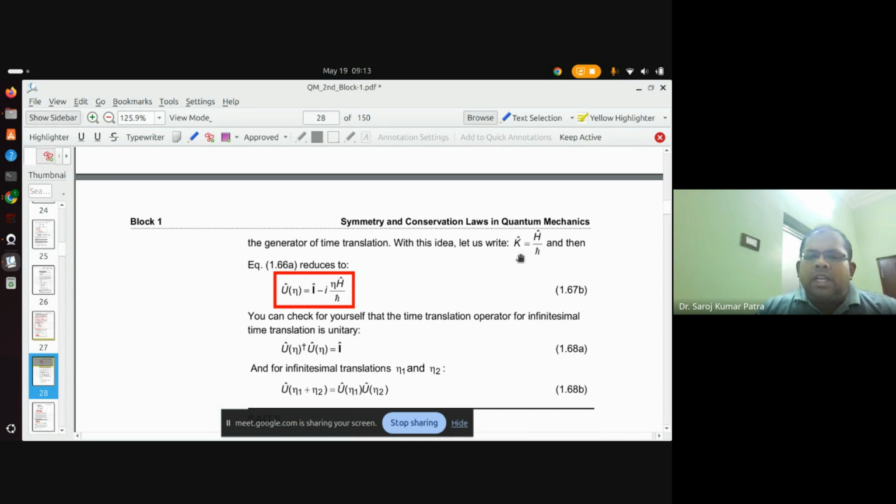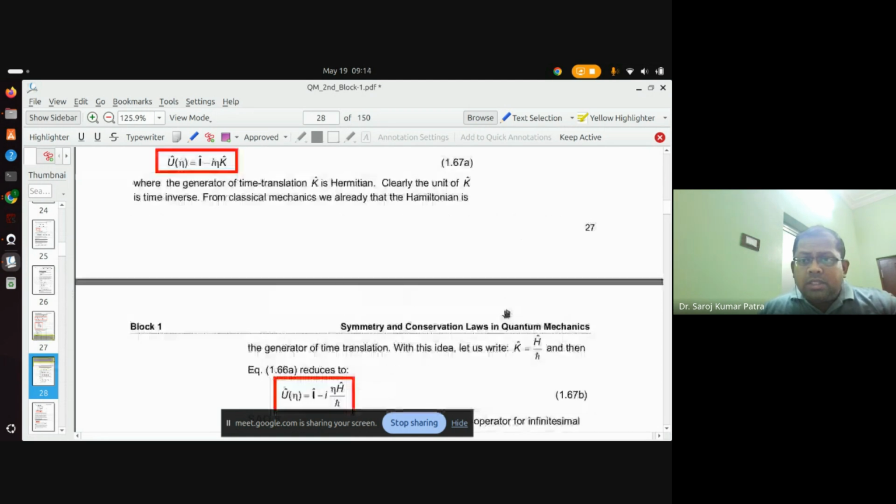From our knowledge of classical mechanics, let us use linear momentum in case of space translation, angular momentum in case of rotation, and the Hamiltonian in case of time translation, on a trial and error basis. Because if that satisfies all the required properties of the time evolution operator, then that is good enough to use. So in that sense, we are just borrowing that idea, and we are saying that the generator k cap is the Hamiltonian divided by h cross.